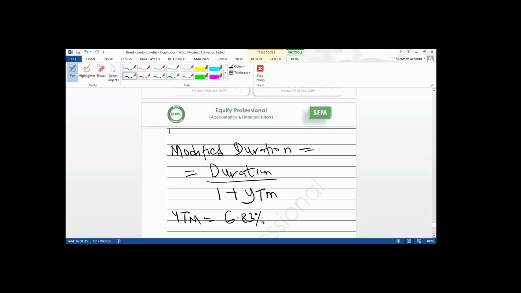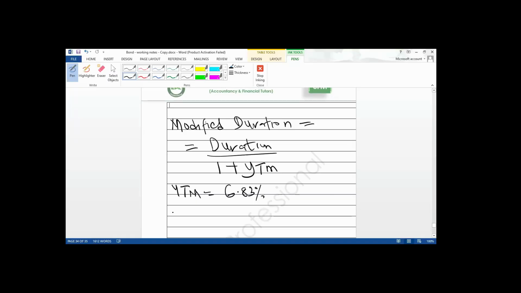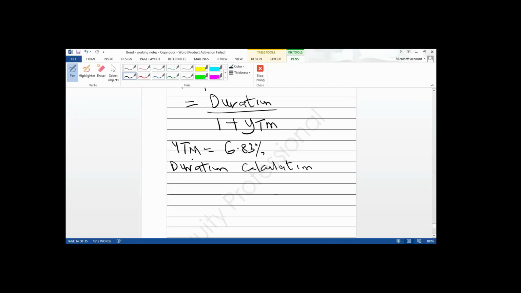Now you are going to calculate the duration. Duration calculations. Now we have solved like 3 questions involving calculation of duration. You are going to calculate your duration. It has 3 steps.